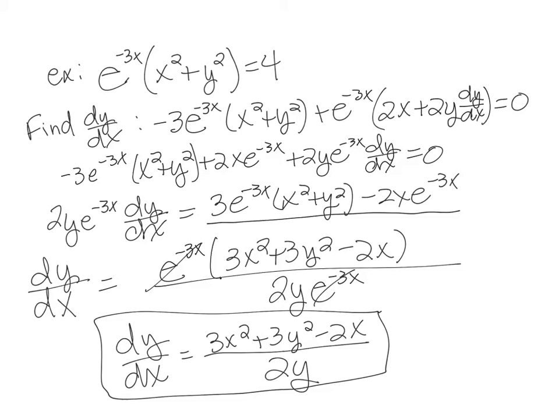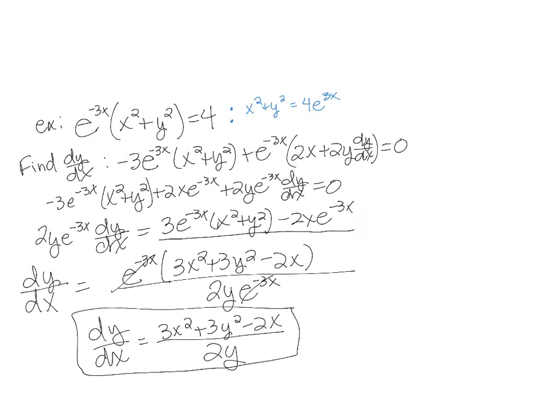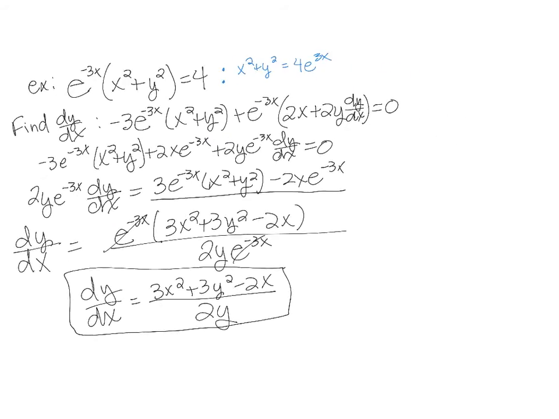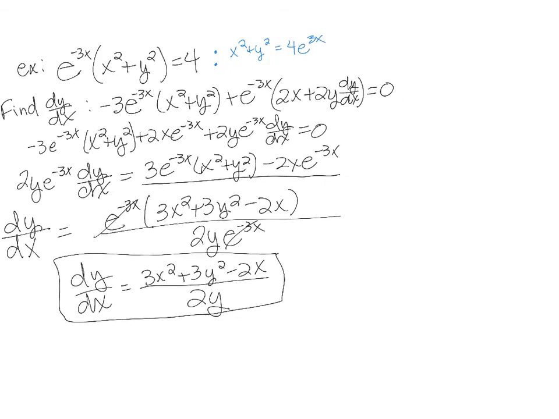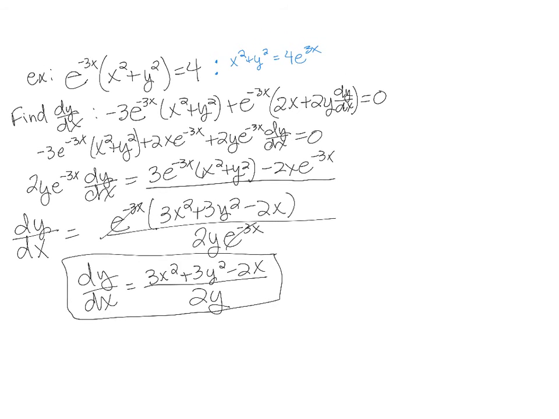Very quickly, if you look at the original problem, this could have been written like that. Now, if we take the derivative in this form right here, hold on, I want to give some room so I can show you something.